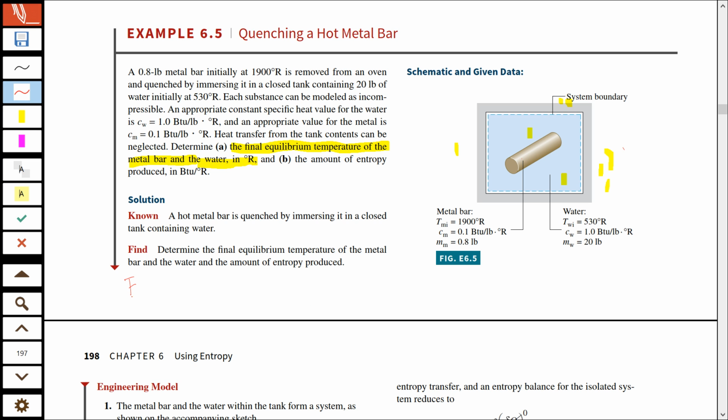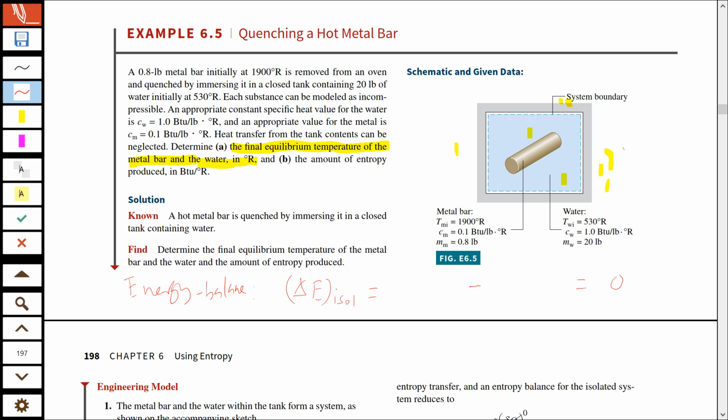Remember, before this example, I told you that we must start with energy balance. So how do I write energy balance for this system? Delta energy of this whole isolated system must equal 0.